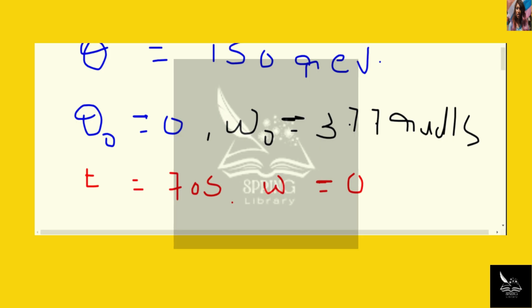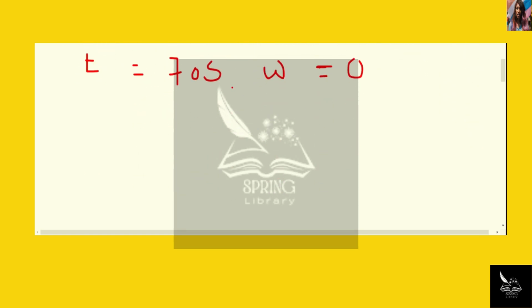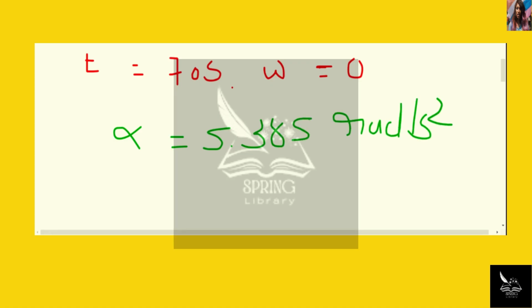So again we use these values in equations 1 and 2 to get alpha and theta. By putting this in equation 1 and 2, we will get alpha equivalent to 5.385 radian per second square. And by putting it in equation 2, we will get theta equivalent to 2100 revolutions.